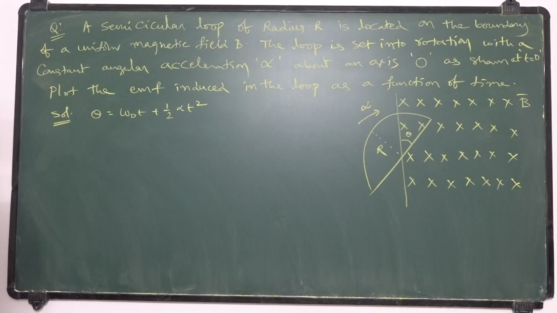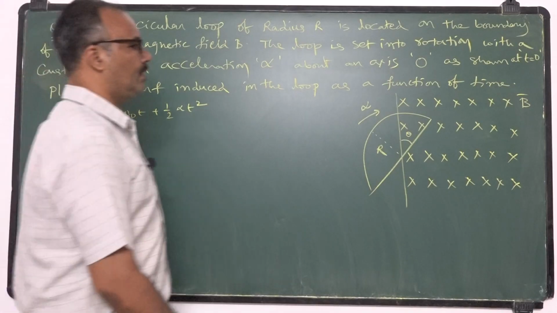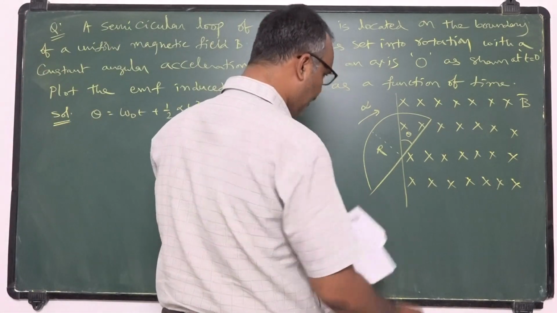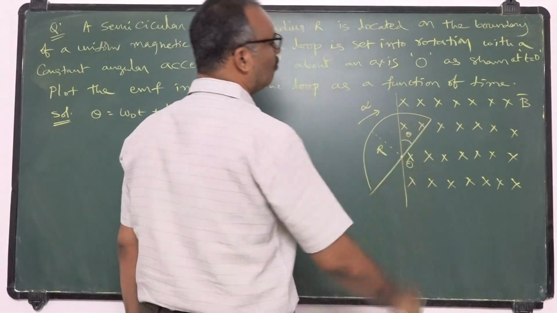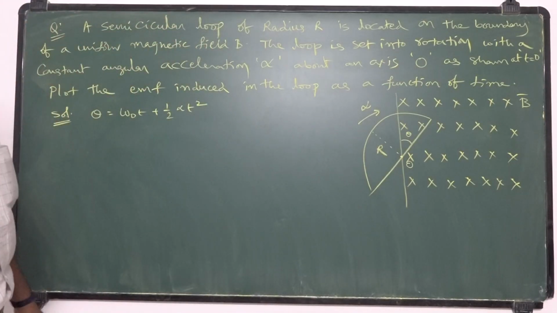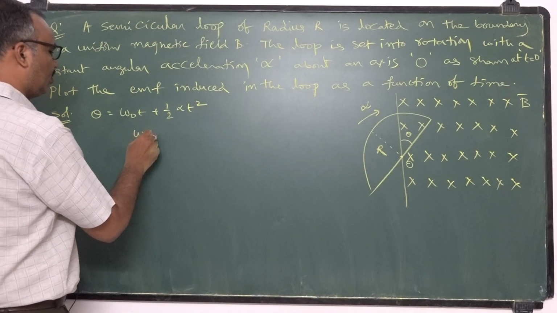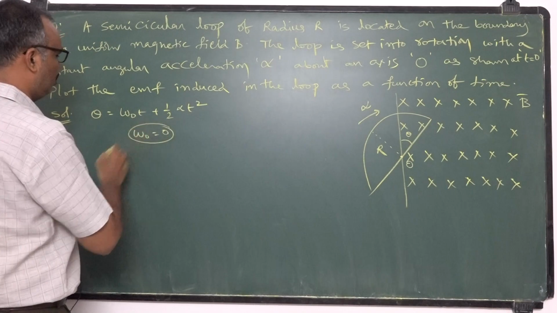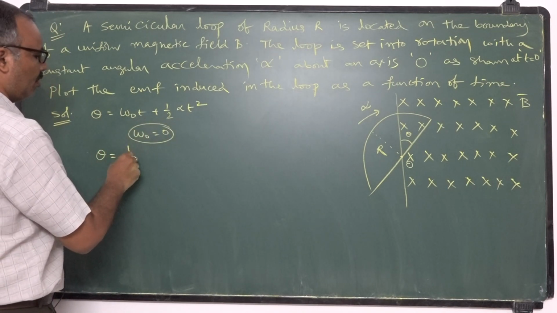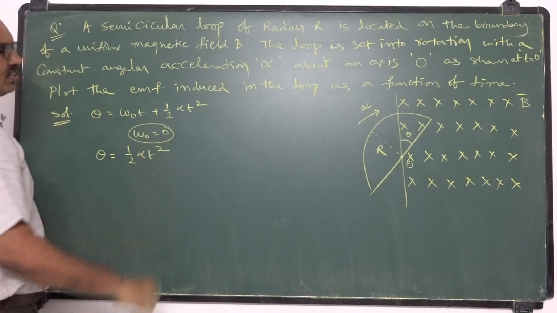A semicircular loop located on the uniform magnetic field, the loop set into rotation with a constant angular acceleration about an axis passing through O. If it starts its journey from rest, initial angular velocity is 0. So angular displacement can be taken as half alpha t square.